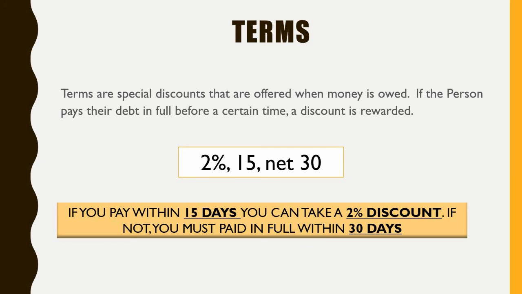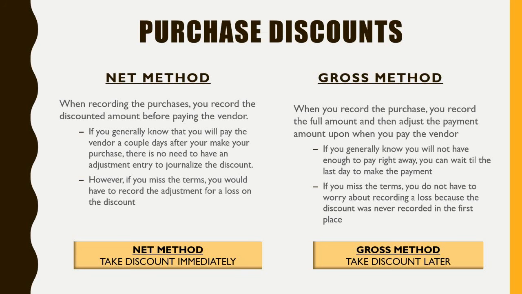Here we're looking at the net method versus the gross method, which we have seen before. But this time, instead of journalizing it as a purchase expense, we're going to journalize it as inventory.